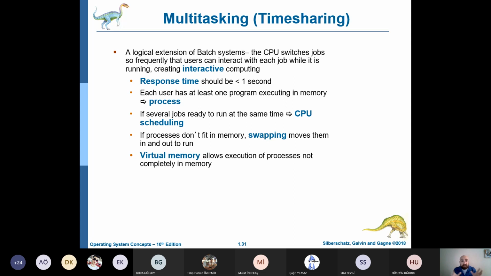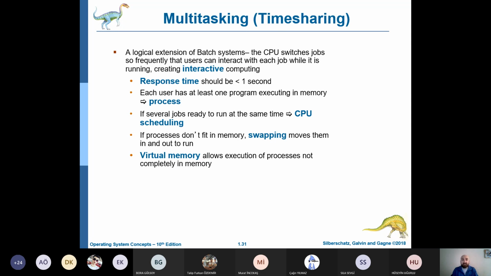Actually, the processes are not executed on the CPU simultaneously. It switches among the processes, but it creates fast response times. So it simulates a situation where we cannot tell that the processes are executing in a cycle.